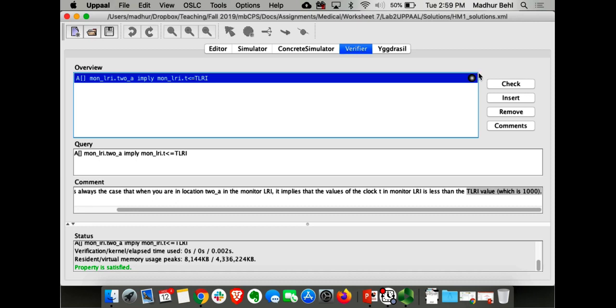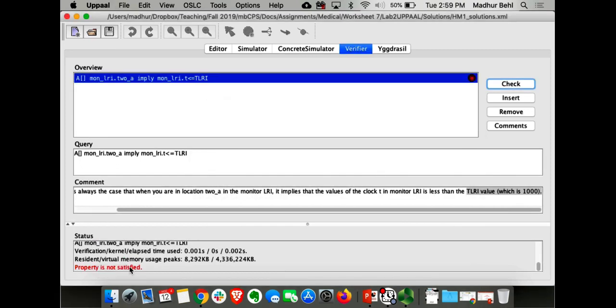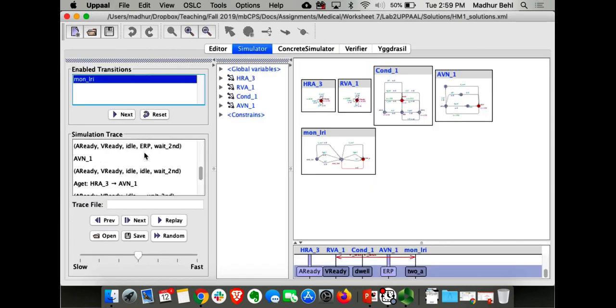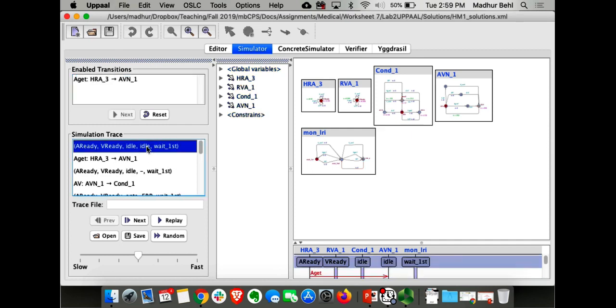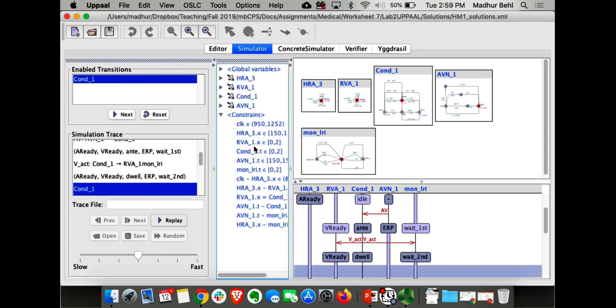So if we check the property now, the property is not satisfied. And if you go back to the simulator, it has loaded a trace, which is an example of a set of transitions such that the value of the timer in the monitor is going to be more than 1000. So I can replay this, and you can see how these values change.